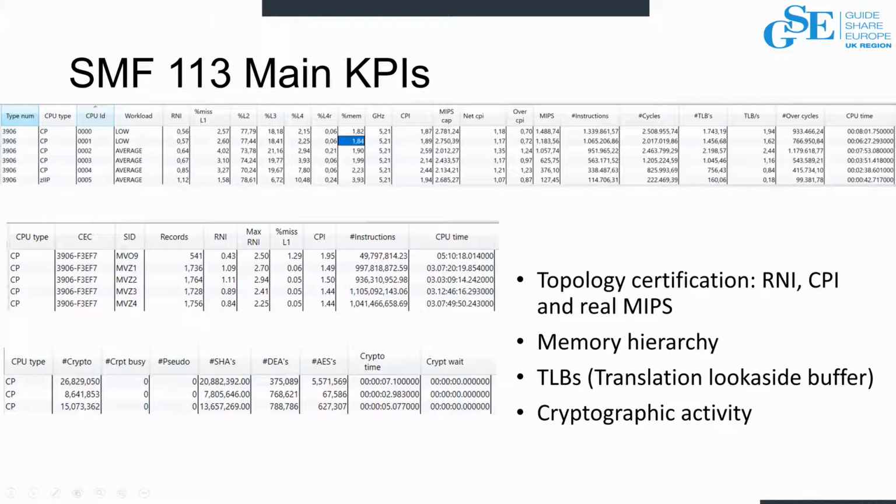Apart from zIIP, which is not used when you are working with the consumption, the rolling 4-hour average, because it's paid one time, just one-time shot, but you have all the information about the configuration available for zIIP processors as well.